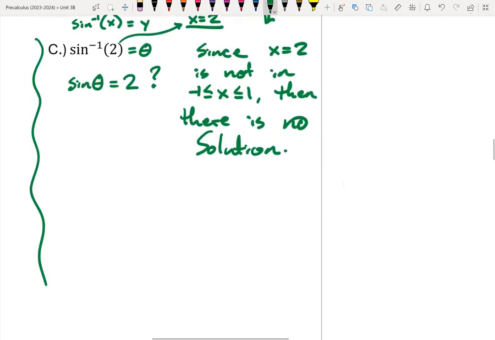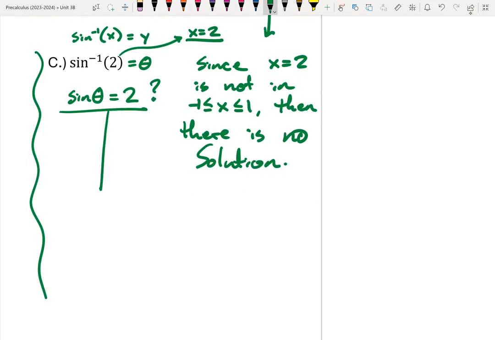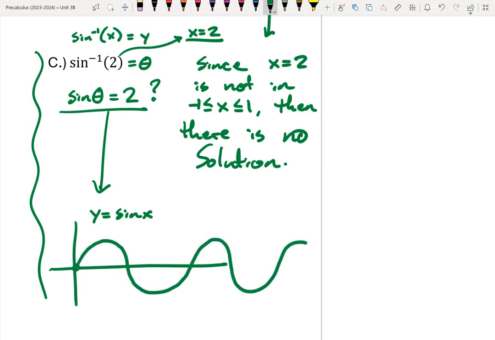We can also think about this another way, thinking about sine of theta equal to 2. If we think about the equation y equals sine of x, and the graph of sine of x, sine starts on the midline, goes down and around like this, right? We did a lot of those sine graphs. What was the maximum value for sine on the parent graph? 1. What was our minimum value? -1. That's another place where we see sine has to be between 1 and -1.